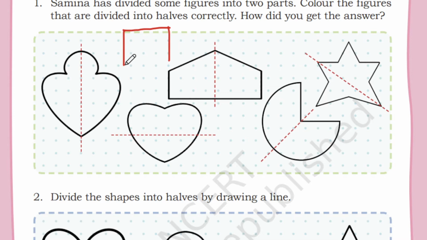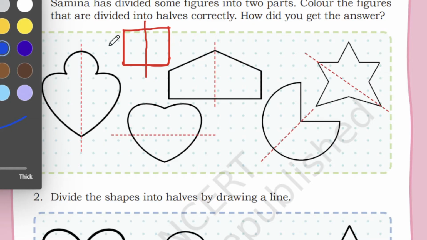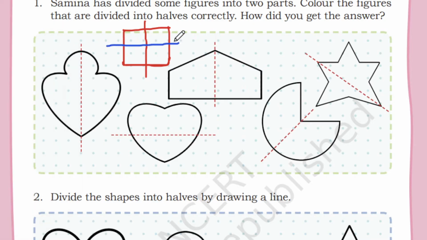For example, I'm drawing a regular shape. Irregular shape, this is an irregular shape. In an irregular shape we cannot make two halves. So only regular shapes. This one you can make half very easily. Either you can do horizontal lines or vertical lines. Any lines you can make to divide this into half.